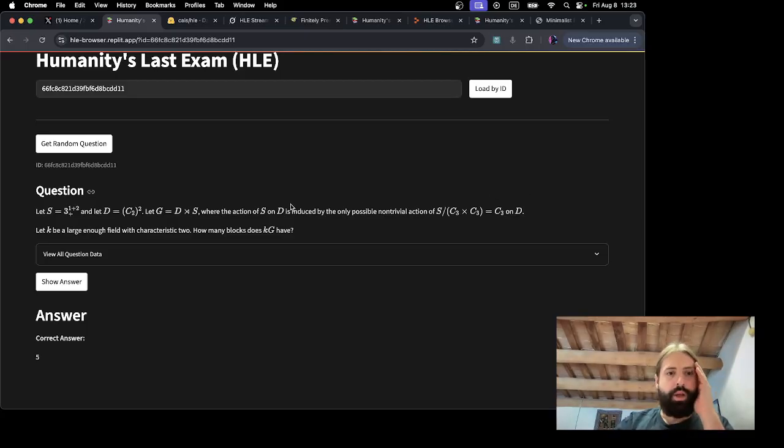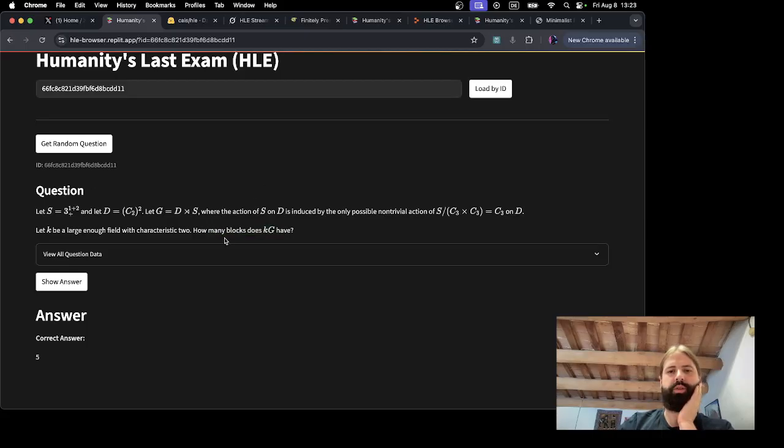But anyway, we're still stuck in the first part, trying to understand the definition of S, like D times S, or S on D, and the action. That's how you define G, because we need the definition of G so that we can tackle how many blocks KG has.